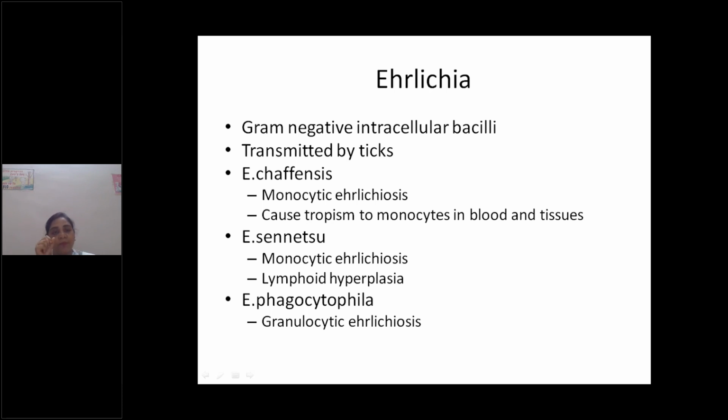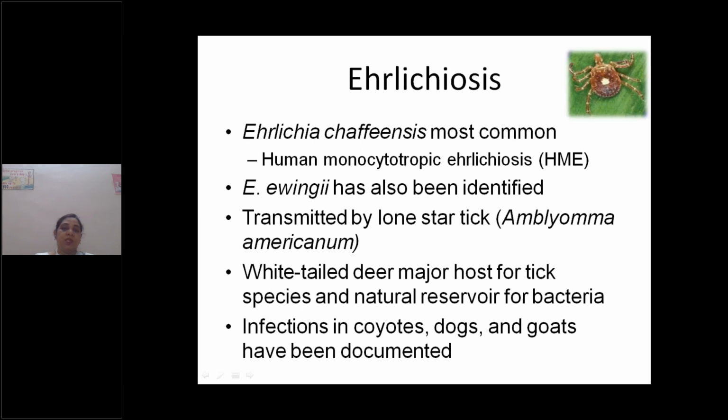So you see this, chaffeensis and ewingii usually parasitize monocytes, whereas phagocytophilum parasitizes granulocytes.